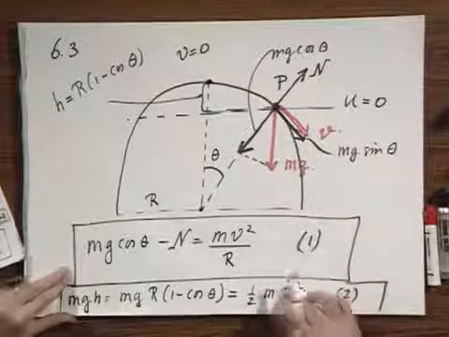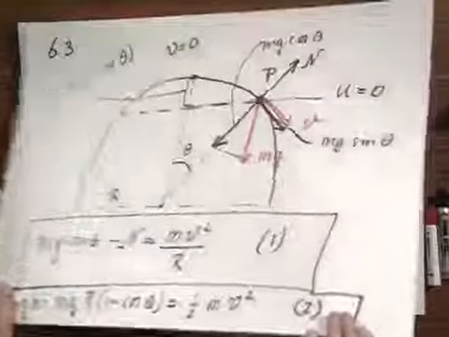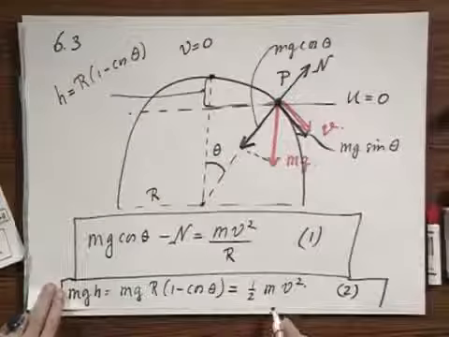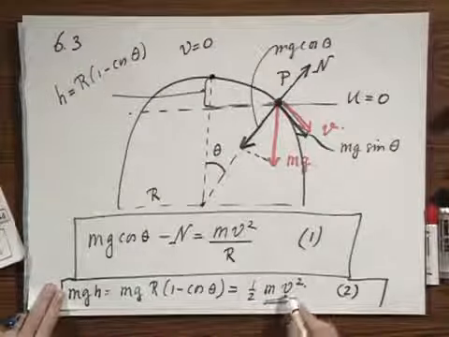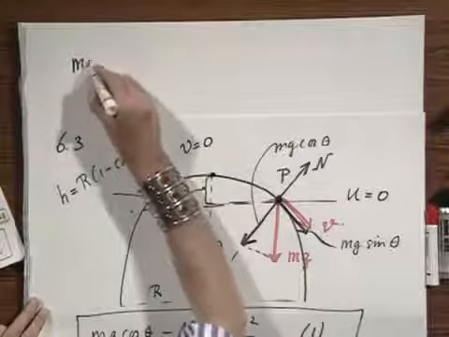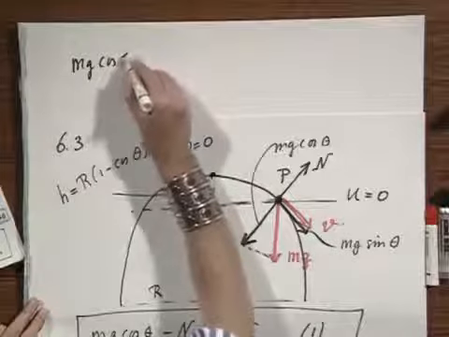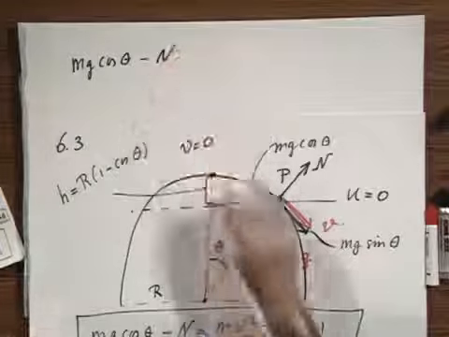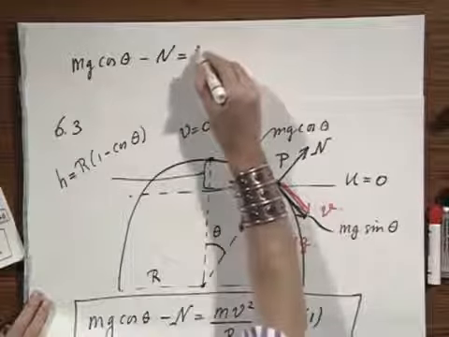Well, I can combine these two equations. Notice I have mv squared here, and I can substitute that in here. So I get mg times the cosine of theta minus n equals m.